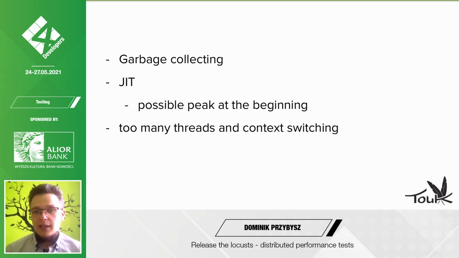There is also JIT, which optimizes our code just in time. And there could be some peaks, especially at the beginning of our test, because we don't have a special warm-up phase during our tests. And because we are running a lot of threads on this JVM, there could be a problem with too many threads and context switching between them.